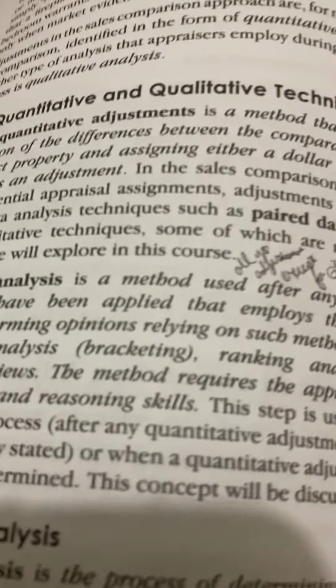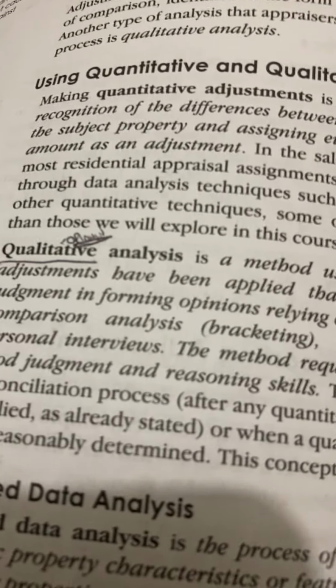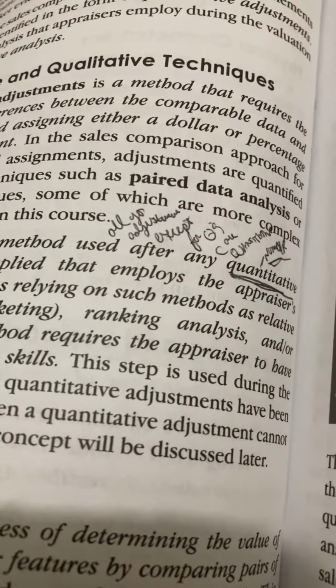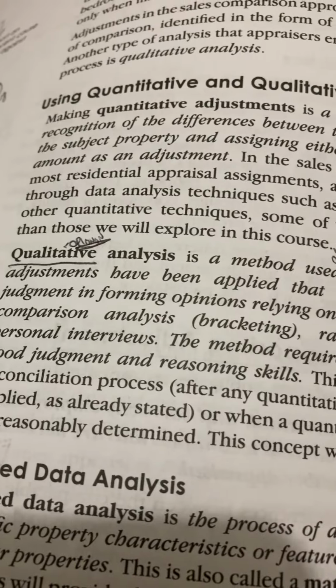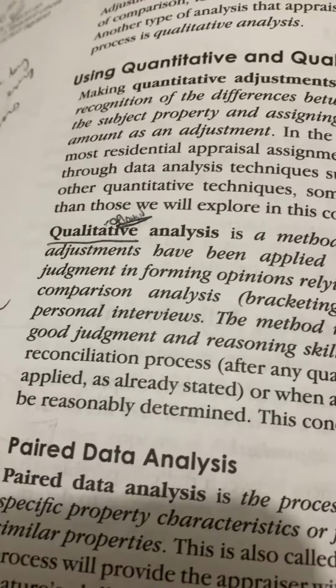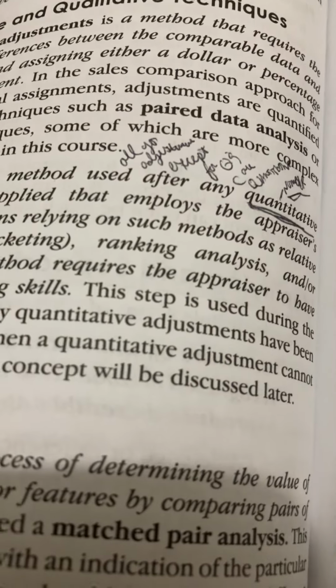The method requires the appraiser to have good judgment and reasoning skills. This step is used during the reconciliation process after any quantitative adjustments have been applied, as already stated, or when a quantitative adjustment cannot be reasonably determined. This concept will be discussed later.